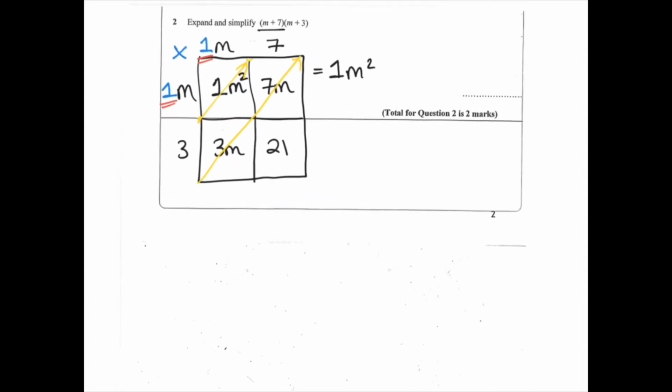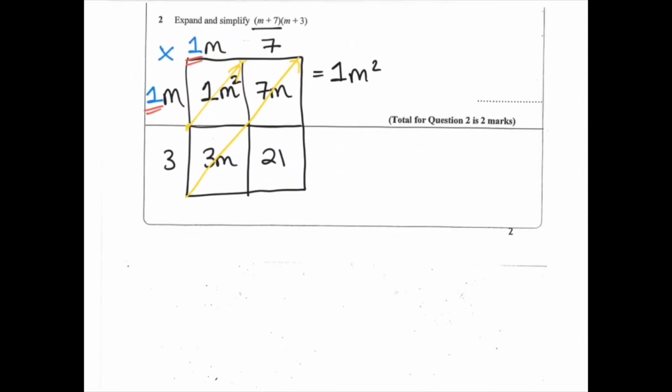Now, here's why this method is so good. You now go across your diagonals. So my first diagonal is from here to here. What's in that box on its own is 1m squared. Next one, this diagonal here. Everything in these boxes that's in that diagonal should be the same family. So let's have a look. I've got a 3m plus a 7m.